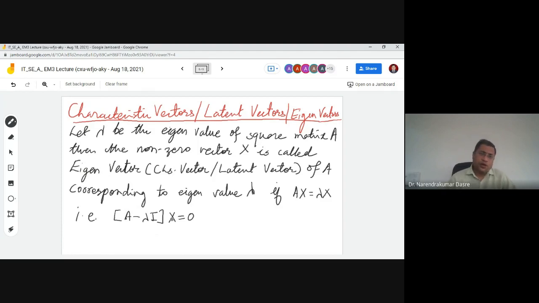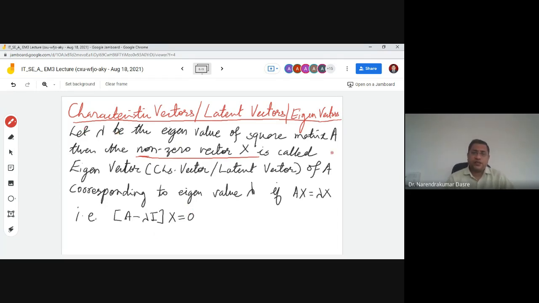We are always looking for a non-zero vector, a non-zero solution. This is very important. Zero is always a solution for the system, but we have to find a non-zero solution.